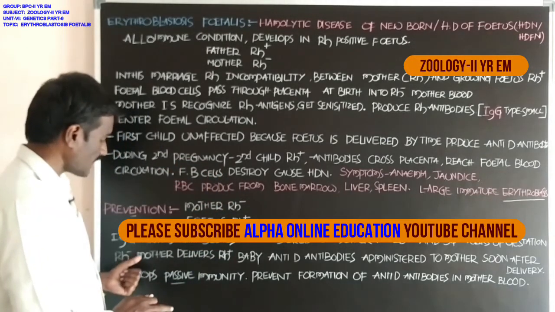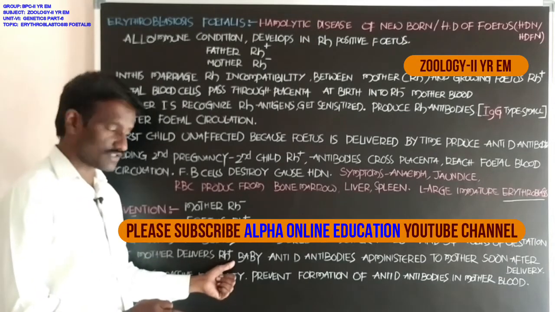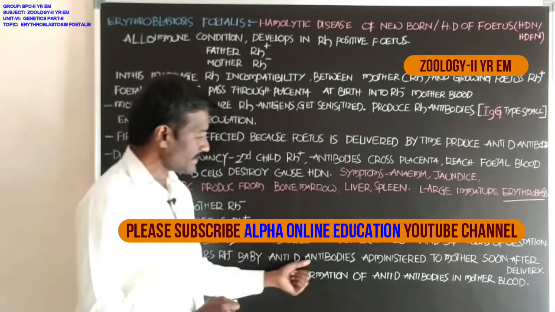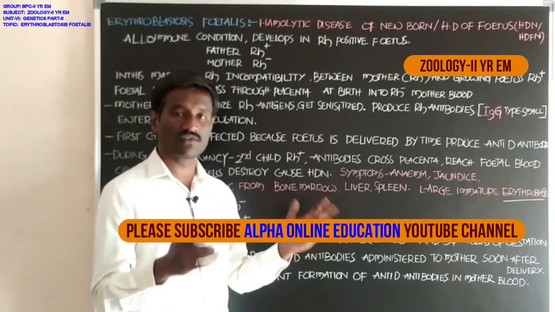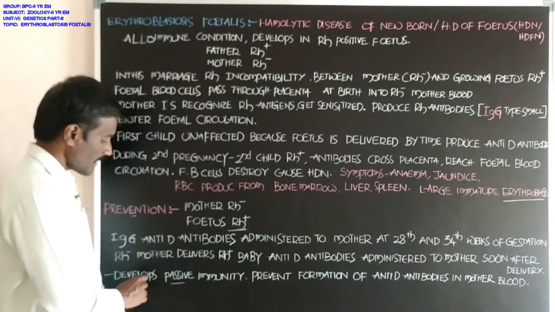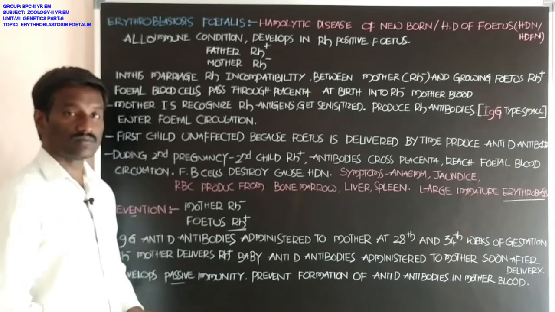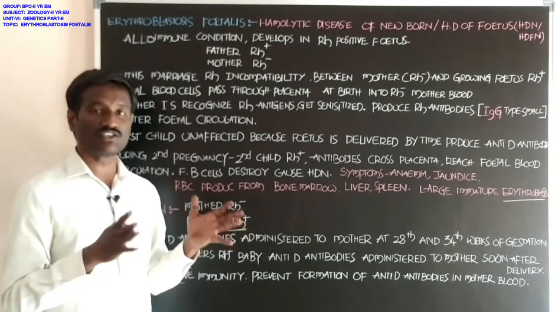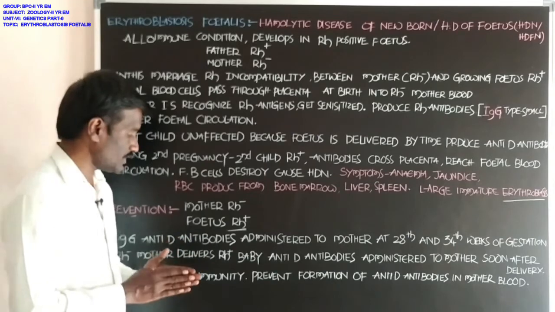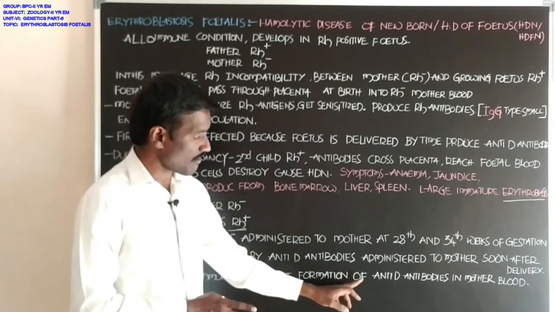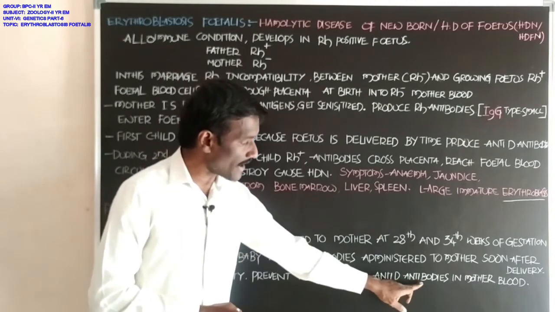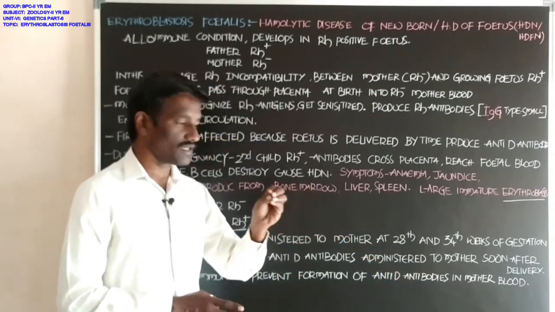Next, this develops passive immunity. Students, it prevents the formation of anti-D antibodies in the mother's blood.